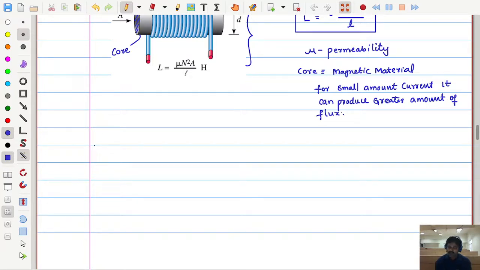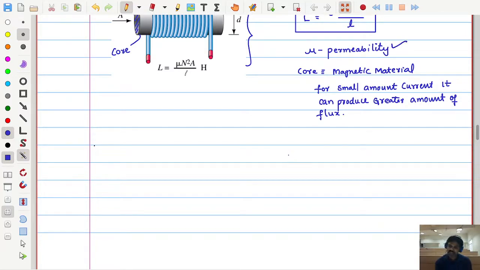So this capability or property of the magnetic material which can enhance the production of the flux, usually all magnetic material has higher capability than non-magnetic material. This property of the magnetic material which can produce more flux for a small amount of current, we call the permeability.